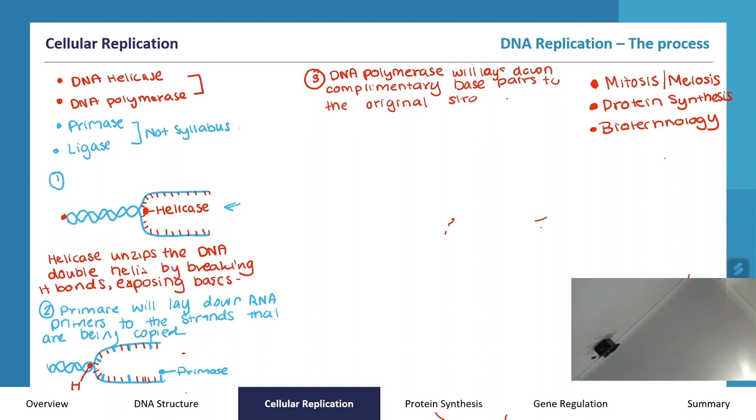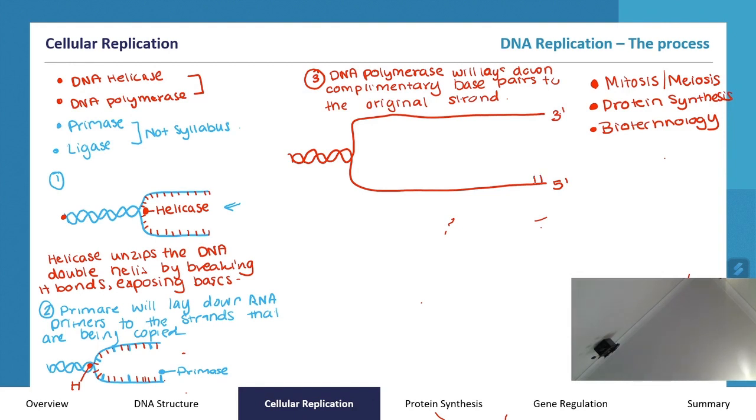This time I'm going to make this a little bit bigger, like so. Imagine this is the 5' end of the original strand, and this is the 3' end. Remember, that's the end that the sugar is attached to, right?